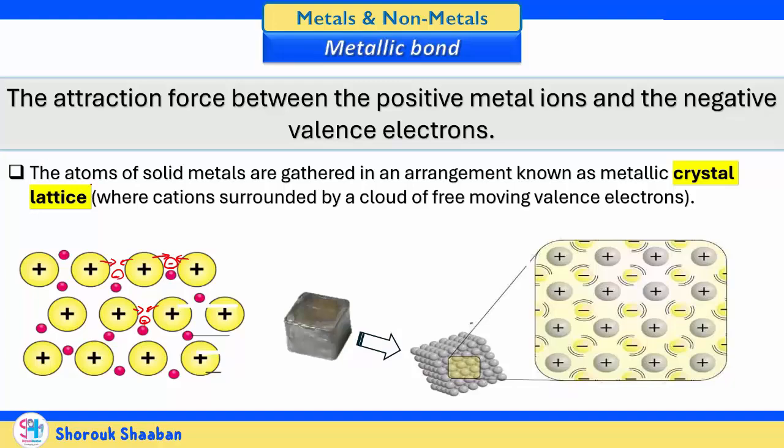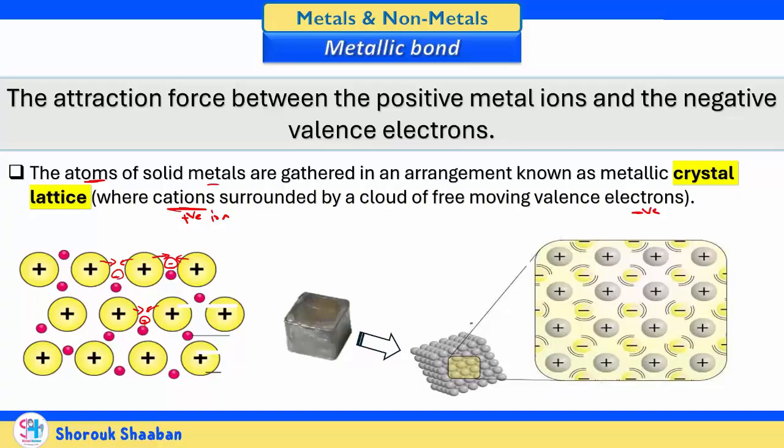Positive beside negative, and so on, all atoms beside each other in a very organized shape called the crystal lattice. Cations, here meaning the positive ions, are surrounded by a cloud of free moving valence electrons, which are negatively charged. That's why we have attraction here.